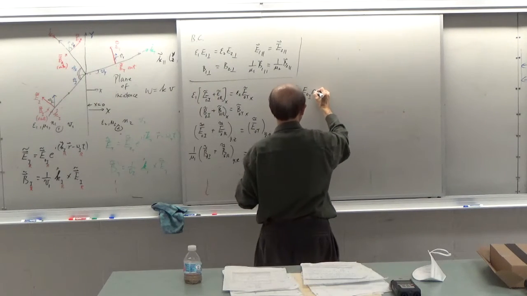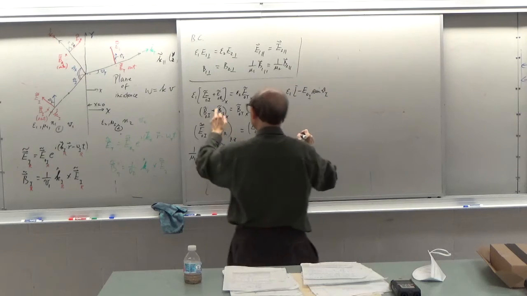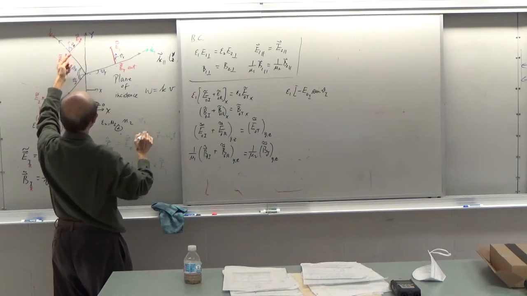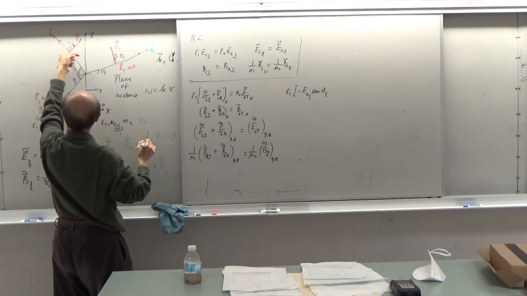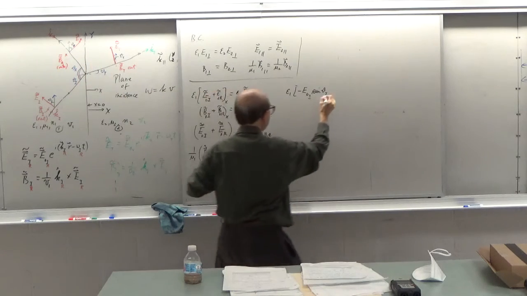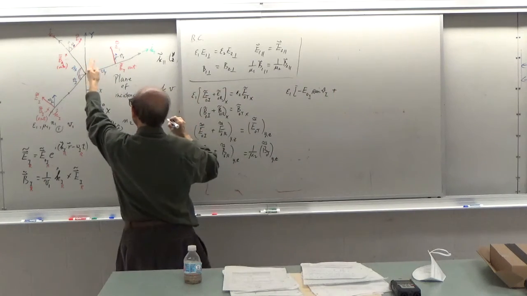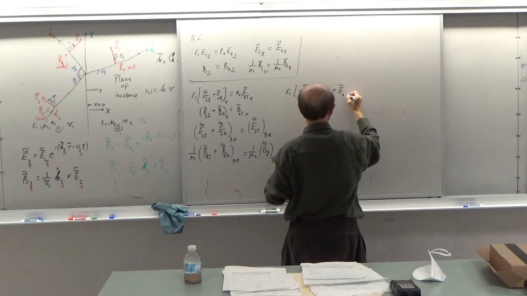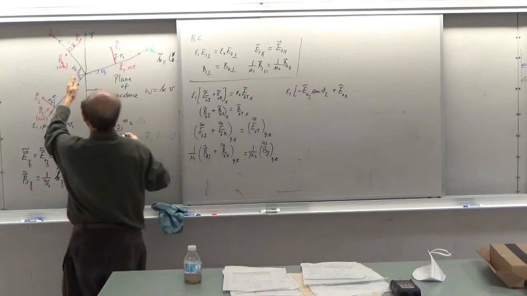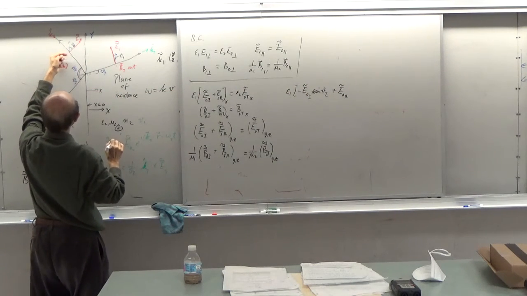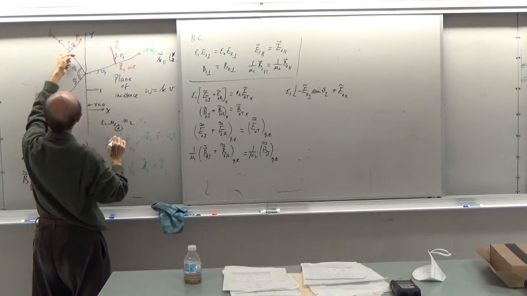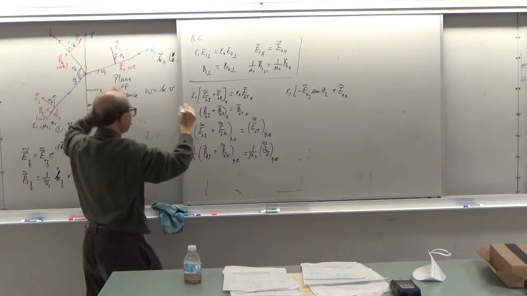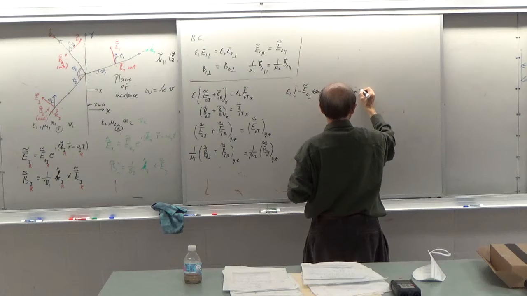The next one is the x component, which is along this one, so it's plus E_R, not complexified. Cosine of this angle is sine of the complementary angle, so sine theta r.